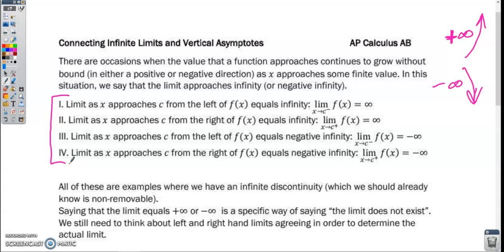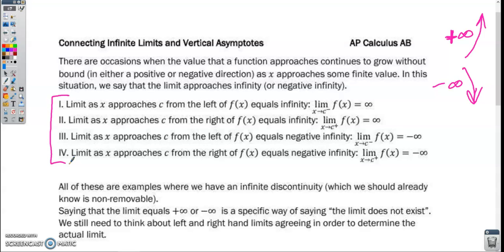A few videos back, we talked about infinite discontinuities. In all of these situations, we would have an infinite discontinuity. And I also say here, saying that the limit equals plus infinity or minus infinity is a specific way of saying the limit does not exist.